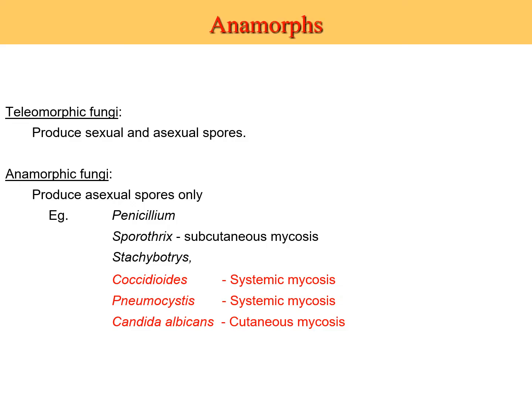Now, let's get into certain groups that have characteristic organisms that cause important disease processes in humans. Anamorphs include these kind of fungi that only produce asexual spores, but that's not the important point here.